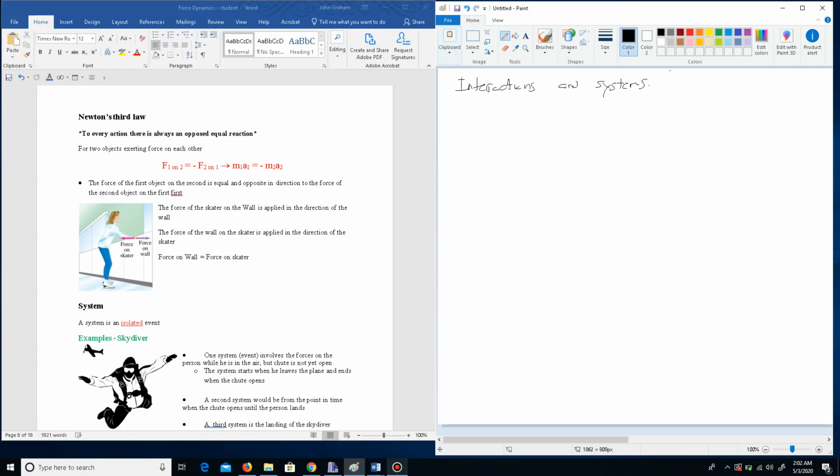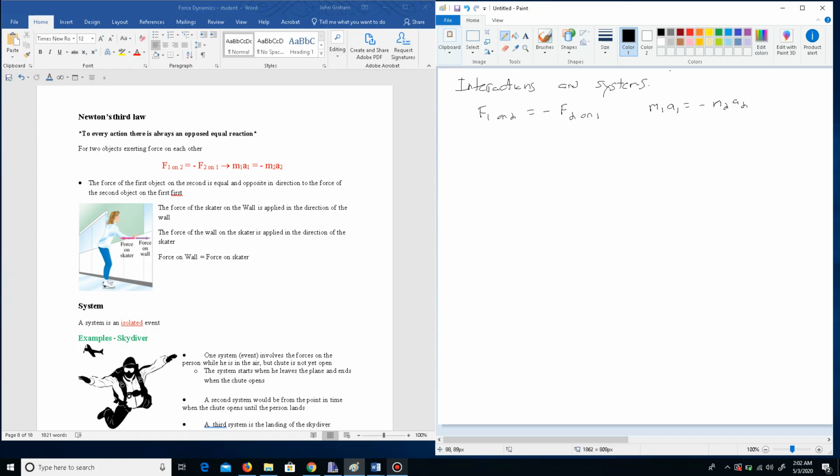So to every action, there's always an opposed equal reaction. So force of 1 on 2 equals a negative force of 2 on 1. We can write this as M1A1 equals negative M2A2.